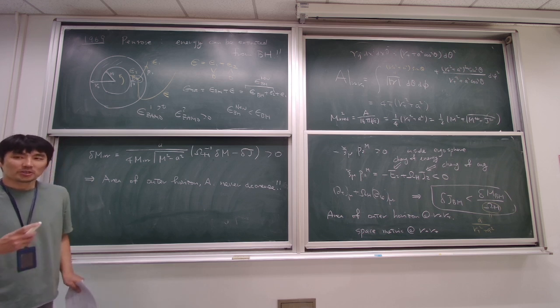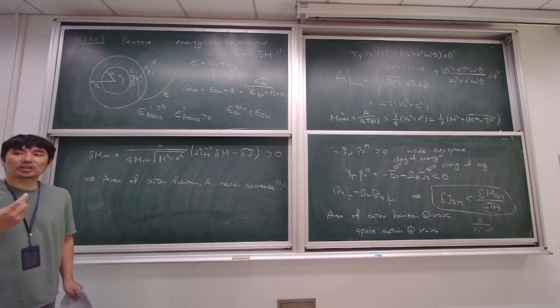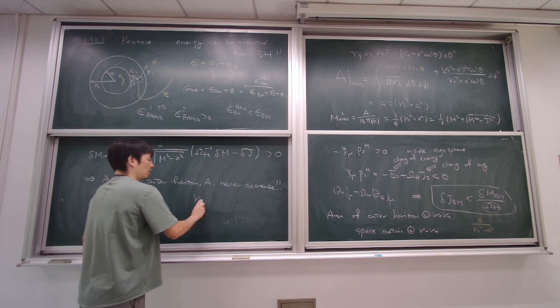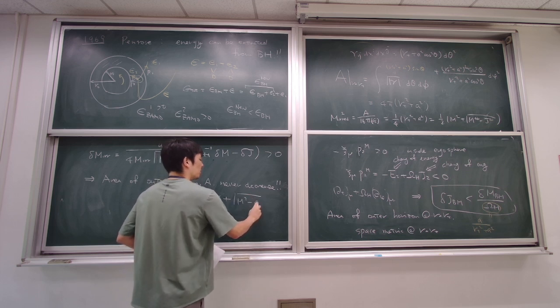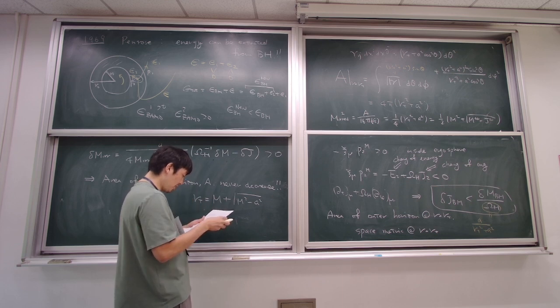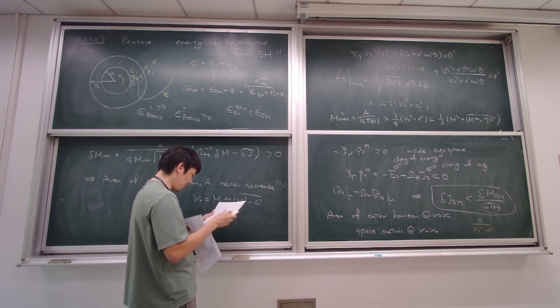Since you extract the energy, and in addition to that you also extract the angular momentum, and r plus is M plus the square root of M square minus a square, right? Correct me if I'm wrong.